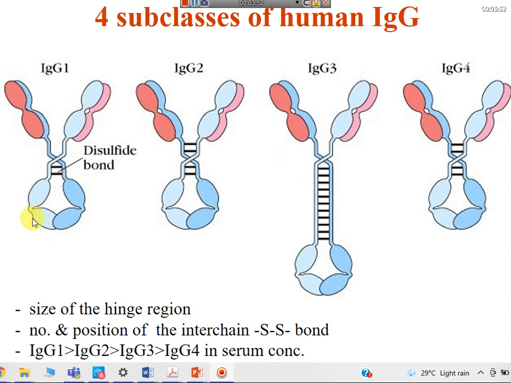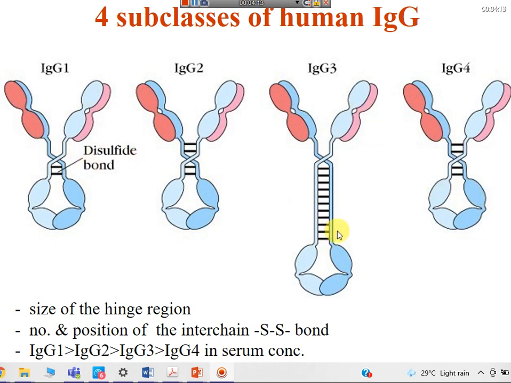And these are the 4 subclasses or subtypes of IgG: IgG1, IgG2, IgG3, and IgG4. You see the basic differences in their hinge region and number of disulfide bonds; the length of the hinge region varies in all these molecules.